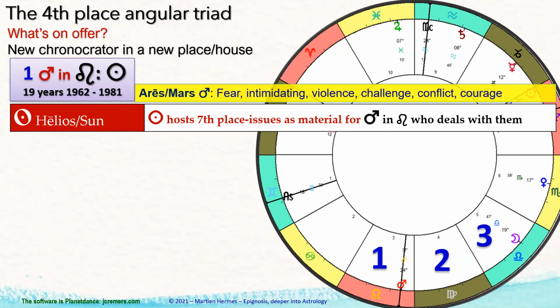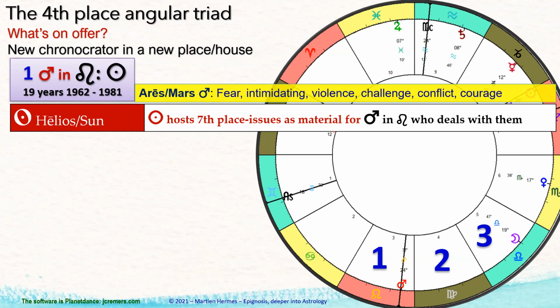And Mars has to do with a certain feeling, because in one of the presentations I said that planets have a receptive side, which is the side of the soul, so to say, and Mars feels things by means of fear, and that's a way of attracting attention to something. So Mars has to do with intimidation, violence, perhaps challenges, conflicts, but also with courage.